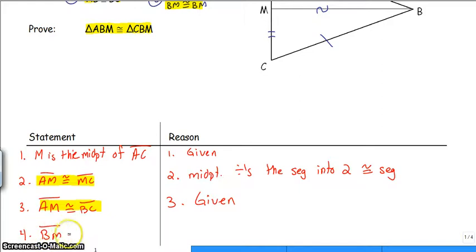So segment BM is congruent to segment BM. My reason is the reflexive property. That's my third. Once you've circled 3 or highlighted 3 or put a star next to 3, that's enough. You now have your 3 congruent statements. You've proven that these triangles are congruent.